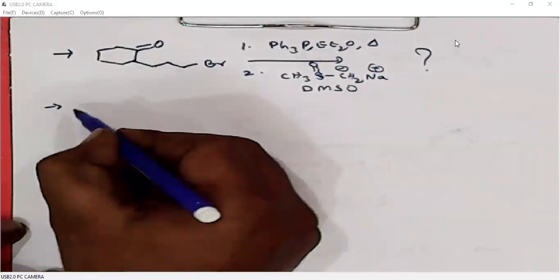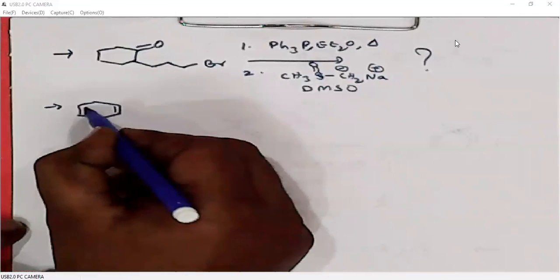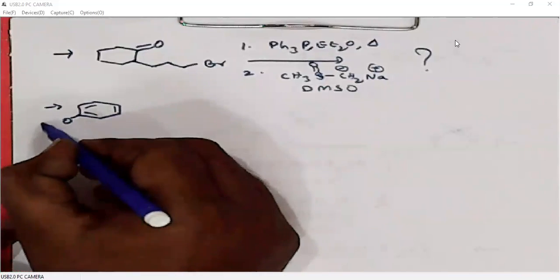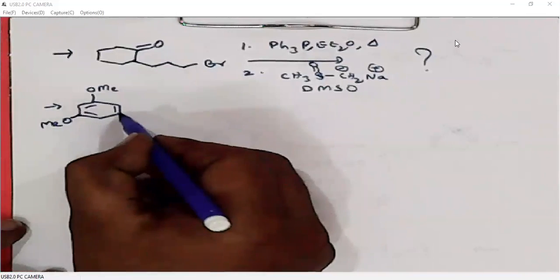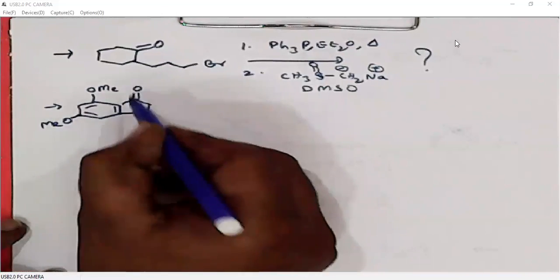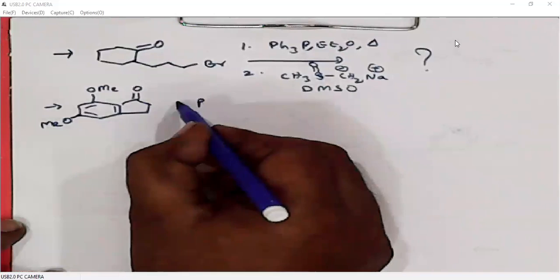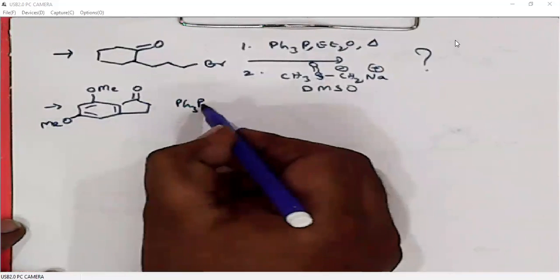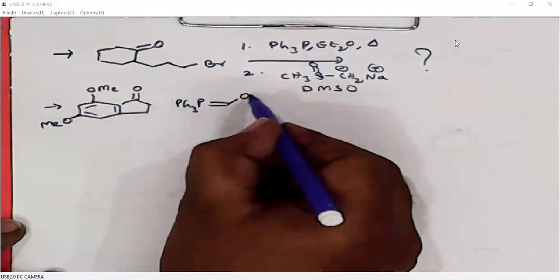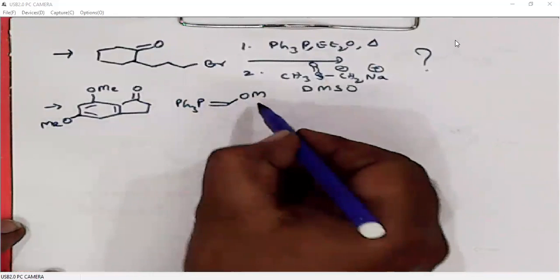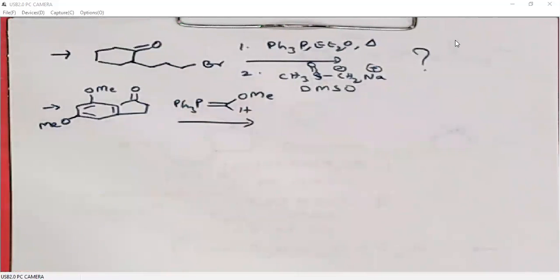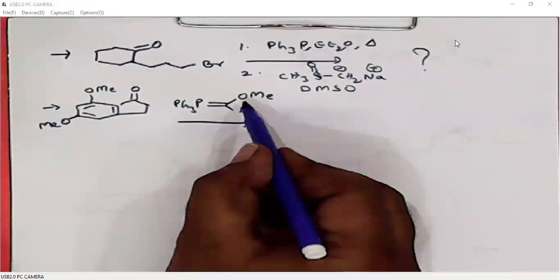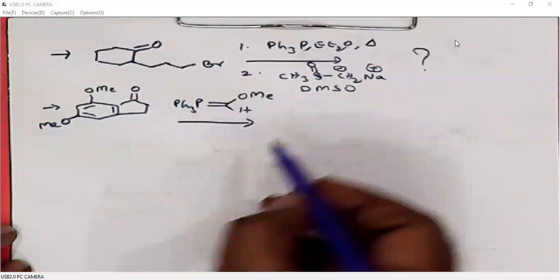Take the notes. Another variation in the Wittig reaction is a Wittig reagent which has an ether. This is a stabilized Wittig because OMe is a good electron donating group.